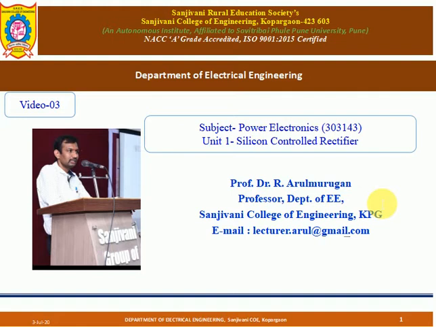The devices are classified as unipolar devices, bipolar devices, unidirectional current capabilities, and bidirectional current capabilities, and we covered the symbols of the power semiconductor devices. So please go through video number 1 and video number 2, then come to video number 3.